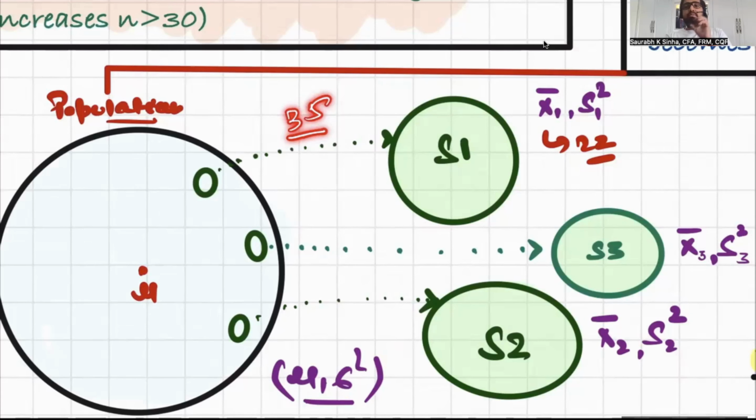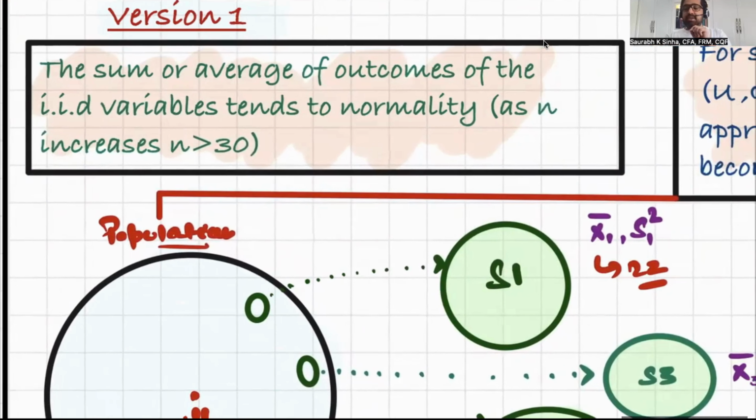It is on Indian population age. So it is independent and identical, randomly chosen. That's why it is independent. Identical, because the sample size is fixed at 35, and you're choosing Indian population, not Indian population and then Chinese population. No, only Indian population. So independent and identical. The third condition, n is greater than 30.